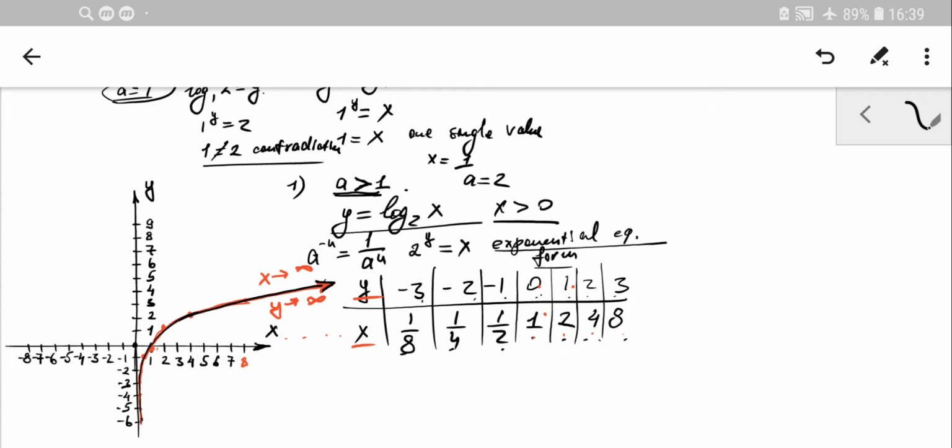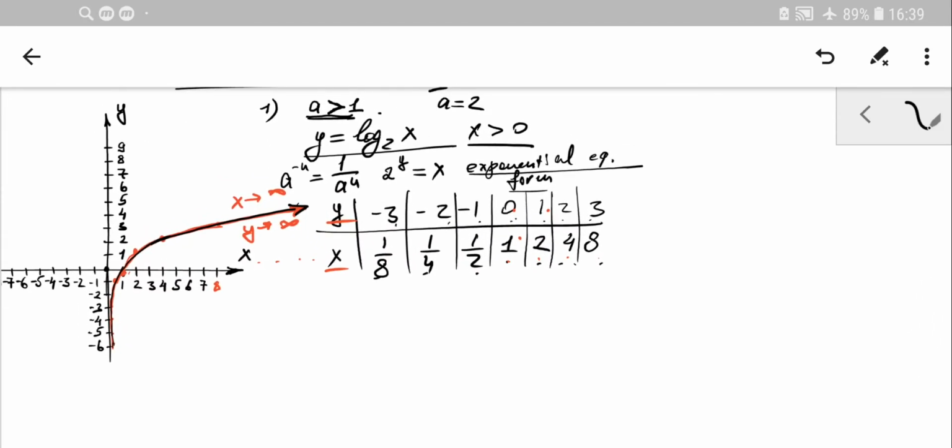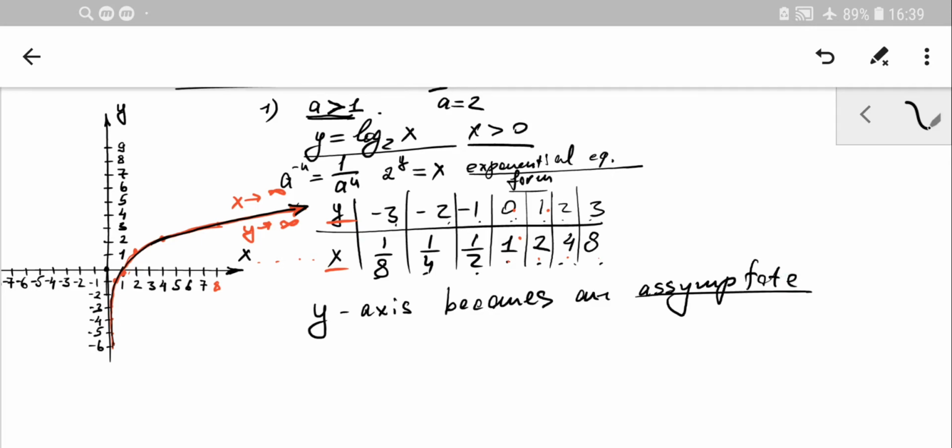Okay, let's set up some properties and features of this graph. First of all, what we discovered is that the vertical y-axis becomes an asymptote. What does this term mean?